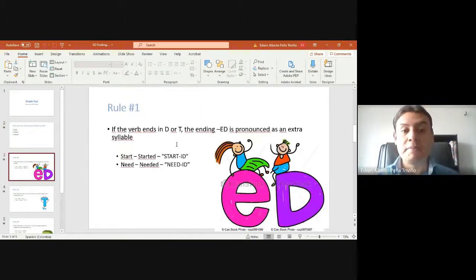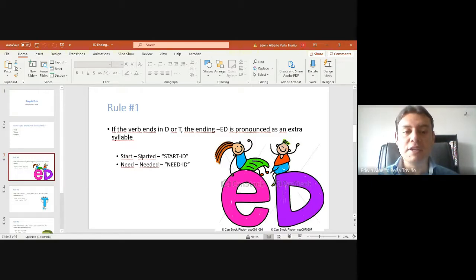The first of them is pronounced like an ed. It's pronounced as an extra syllable. In what cases does that occur? That occurs, for example, with verbs ending in the letter T or in the letter D. For example, we have the verbs start and need. So in the past, we're going to pronounce them as started and needed.